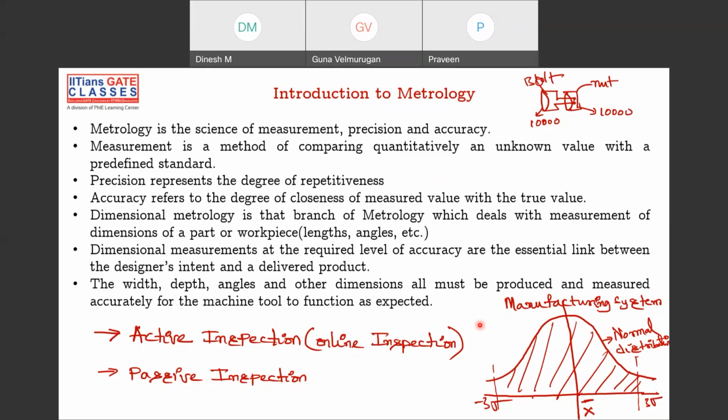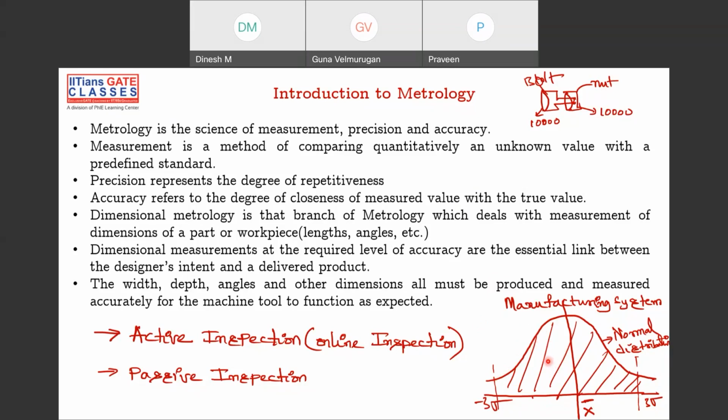Let's say 10.1 is repeated some times, 9.8 is repeated some times, 10 is repeated some times. You plot the diameter values on the x-axis and the frequency, how many times each has been repeated, on the y-axis. Then you get this kind of curve, a bell curve.